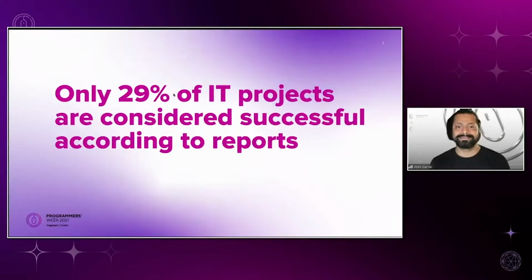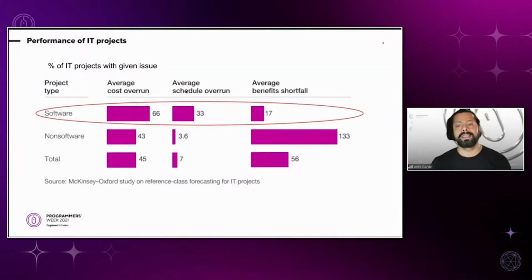Only 29% of IT projects are considered successful according to reports. Let's get into the depth of this. This is the performance of IT projects. McKinsey Oxford did a study forecasting IT projects. Here is the breakdown: software and non-software.